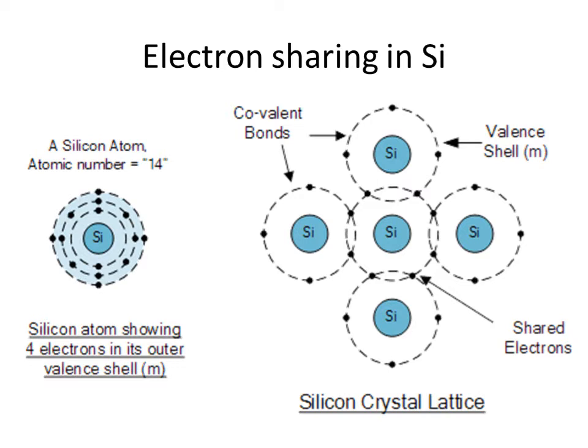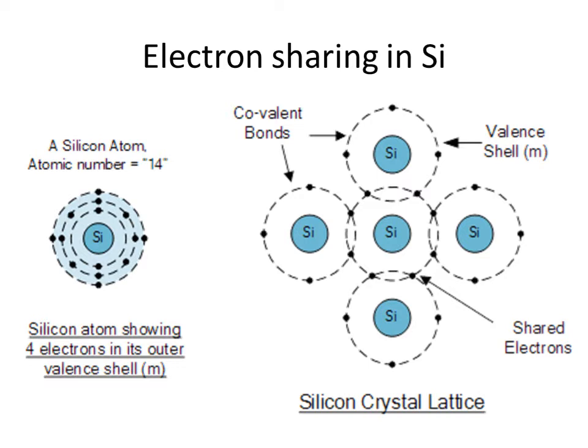When the silicon is in the crystal lattice, it makes bonds with the adjacent silicon atoms, and each bond between 2 silicon atoms carries 2 electrons, and those 2 electrons are the valence electrons.